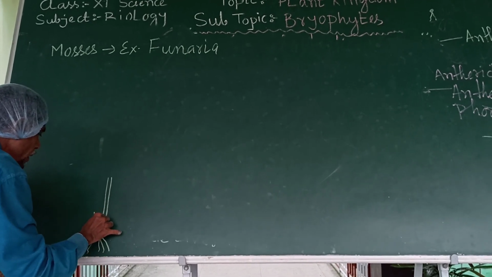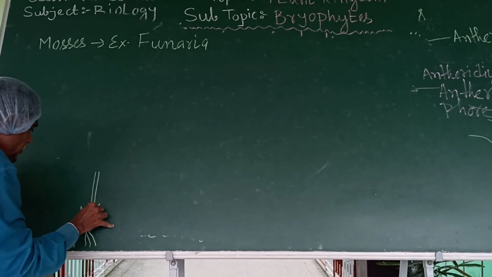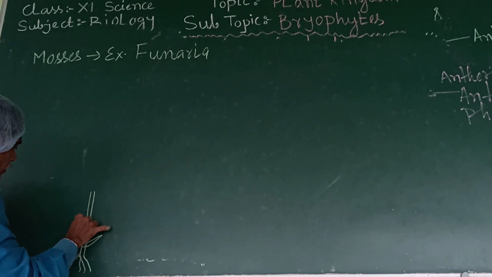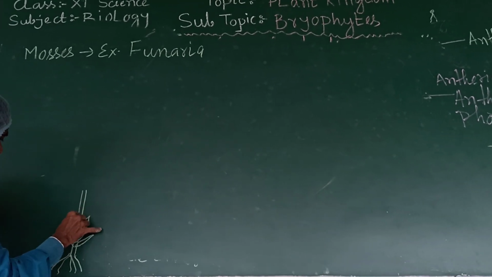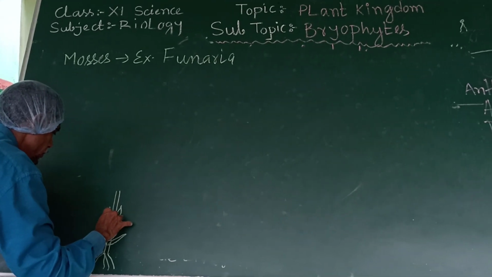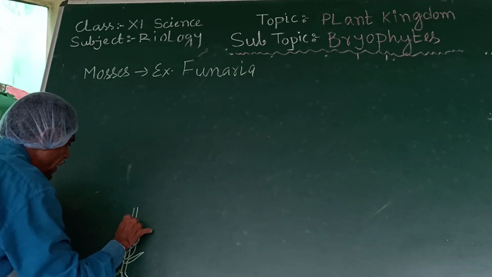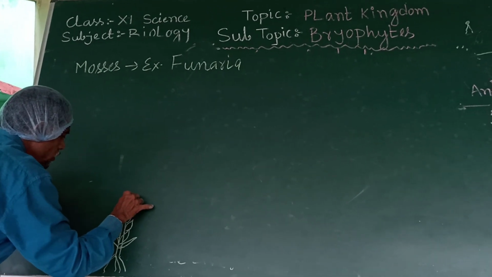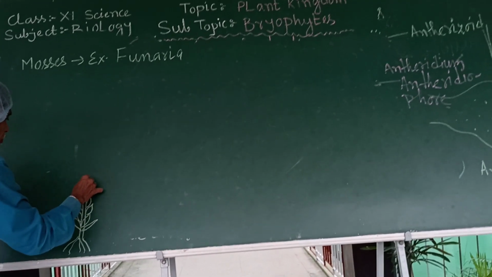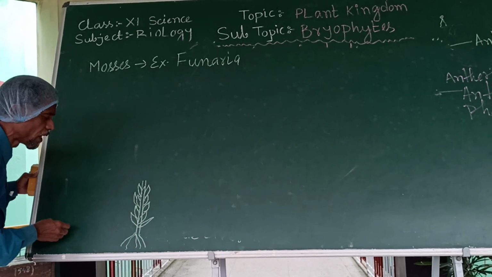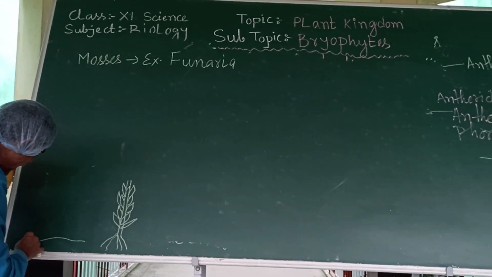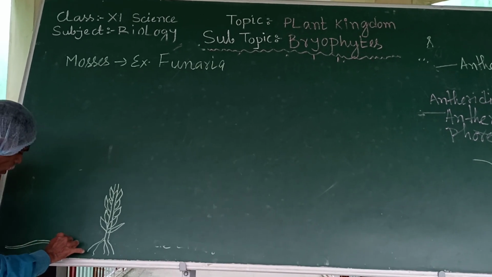Having a leaf-like structure, this leaf-like structure spirally arranging over the stem-like stalk, then over this is the thallophytic body, the thallus-like structure which is growing just like a creeper over the soil surface or the rock surface.